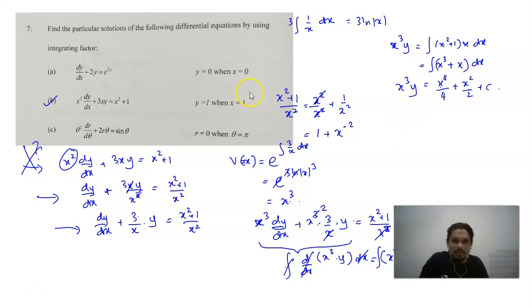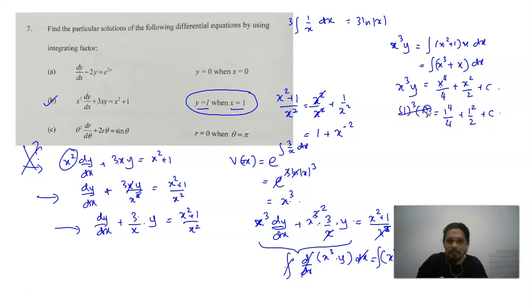Let's take a look at this one now. x equals 1 when y equals 1. So 1 cubed is 1, and y also equals 1. 1 to the power of 4 divided by 4 plus 1 squared over 2 plus c. This is 1, so c equals 1 minus 1 over 4 minus 1 over 2.